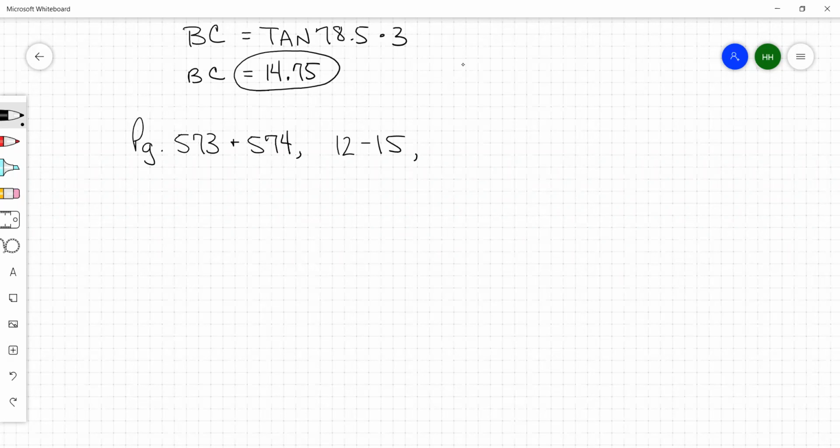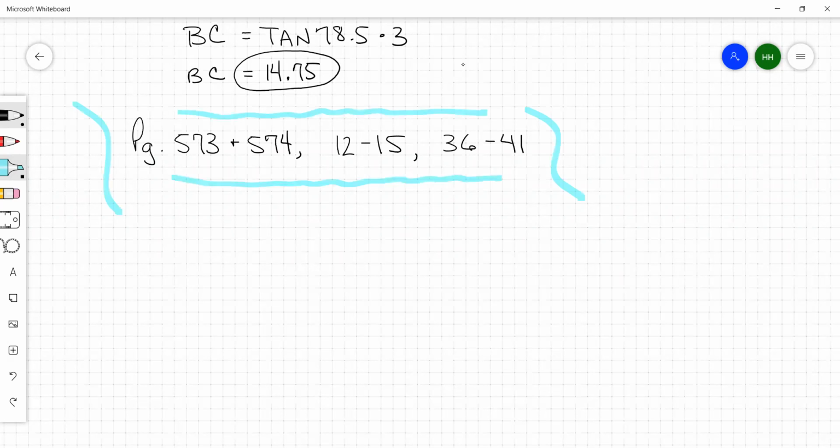And then 36 through 41. Again, e-learners, that page has been uploaded to the resources tab. In class, people, it's at the resources tab. It's also in the book. It's in the back room.